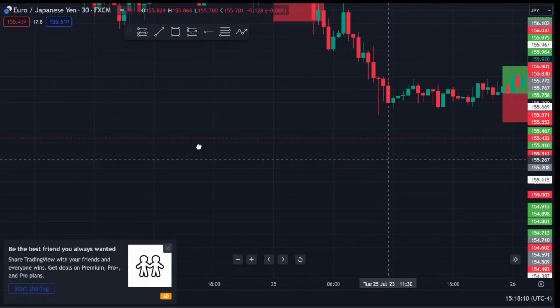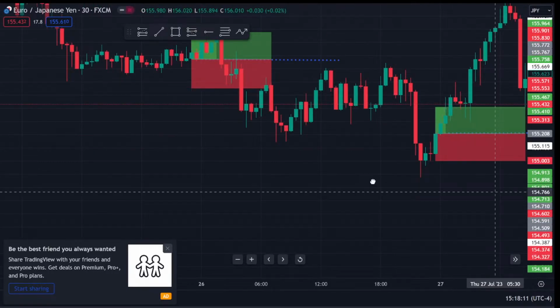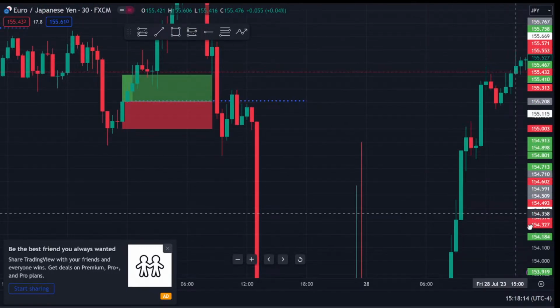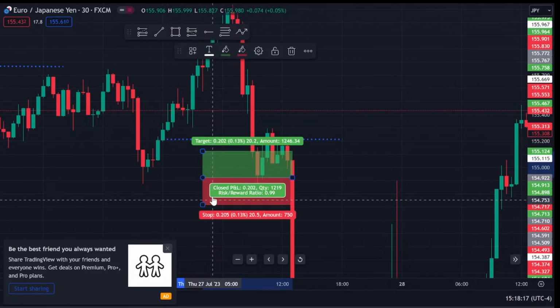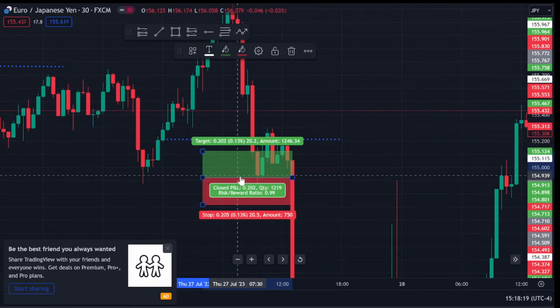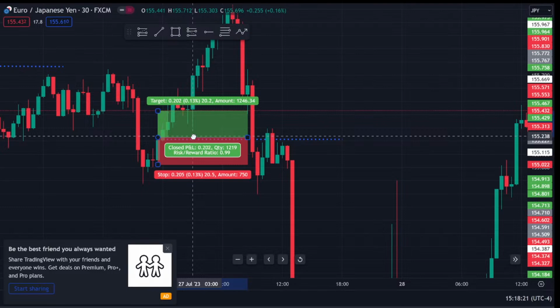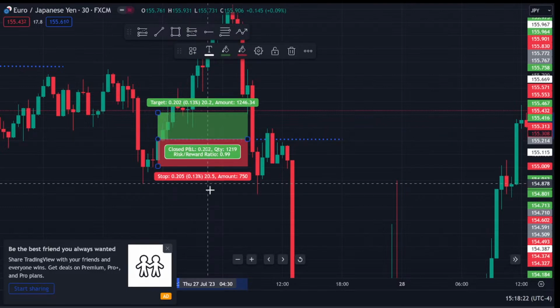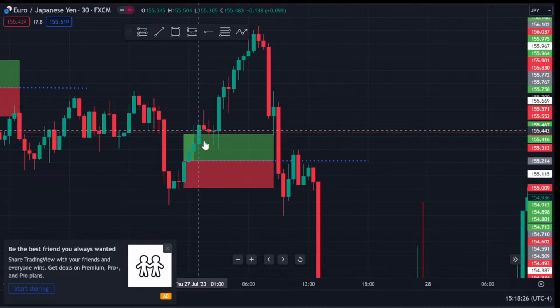Let's go to the Thursday. Yeah, this is here. So the market, after tapping, let me put this back right there. The market, after tapping into the zone, it came back right here, as you can see.